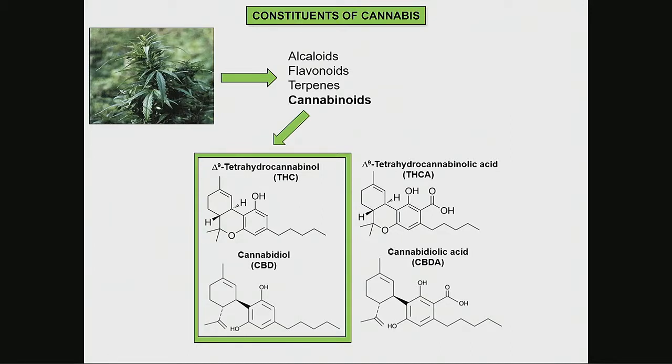We can do that very easily by heating up the medicines, the cannabinoids or the preparation. That's why all extraction processes include a heating process, and that's why we smoke cannabis instead of eating it.